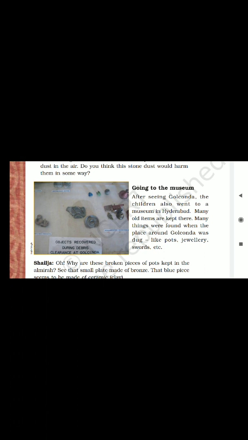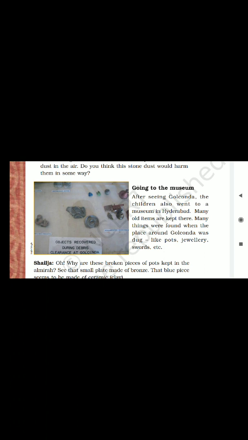Going to the museum, after seeing Golconda, the children also went to a museum in Hyderabad. Many old items are kept there. Many things were found when the place around Golconda was dug, like pots, jewelry, swords, etc. So one picture is provided in your textbook in which many old items were gathered or were found from Golconda while digging, and some examples are also given like pots, jewelry, swords.